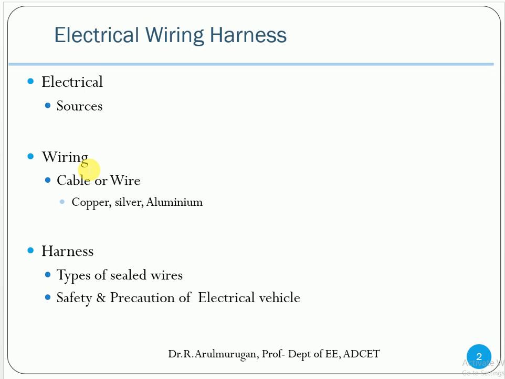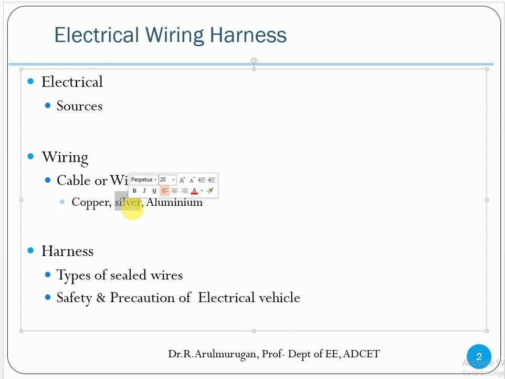That's why it is very important. Generally the cable material is made of copper, aluminum and silver. Comparing copper and silver, silver is very good in conductivity and resistance, everything is good, but from an economic point of view silver is not the cheapest one. So that's why we neglect silver. Then we go to copper and aluminum.